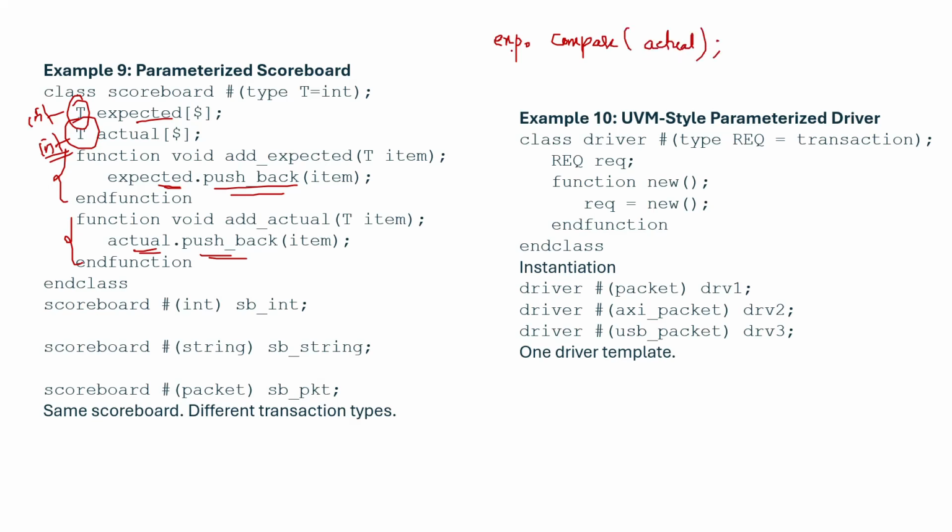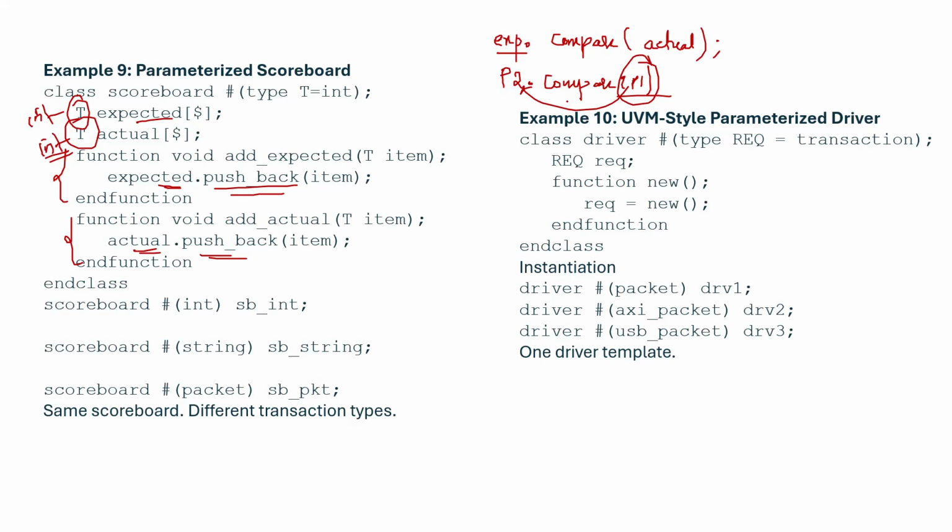So whatever the handle, P2 dot compare P1, so P1 is compared with P2. Same thing here, I'm comparing the expected values and actual values. Expected values, we know 2 plus 3 is 5. Then the actual value also needs to be 5. Only then is my scoreboard passing. Otherwise, I don't know what is happening, failure will happen, and we need to debug that.